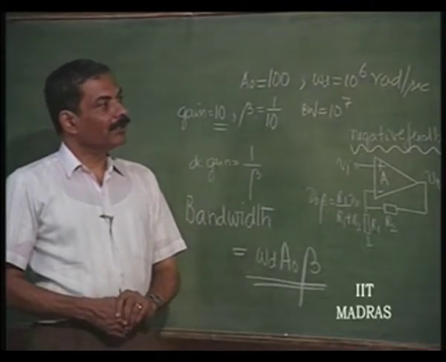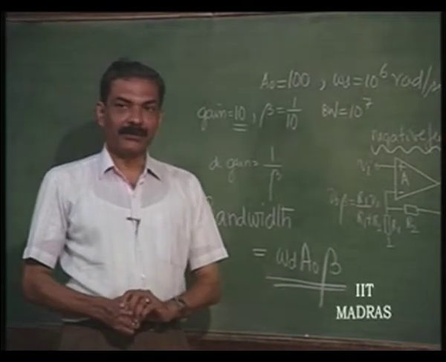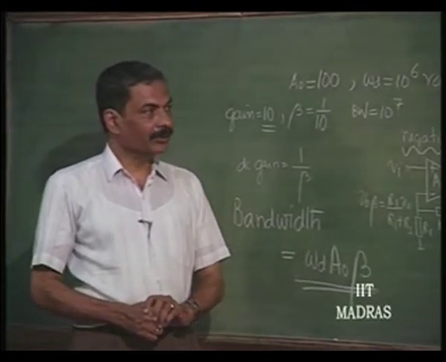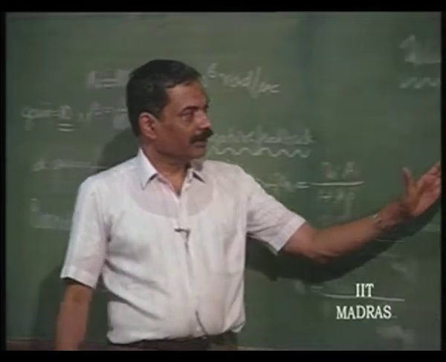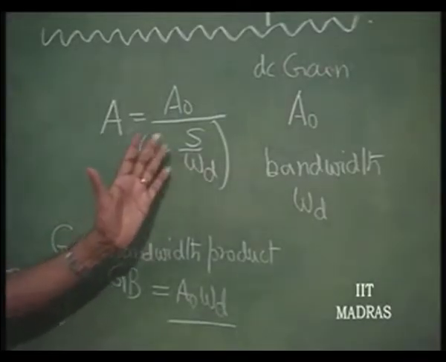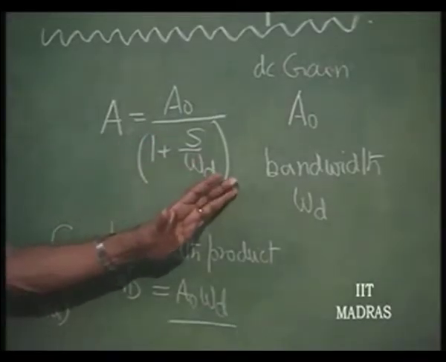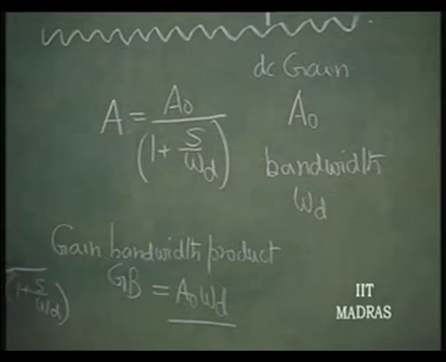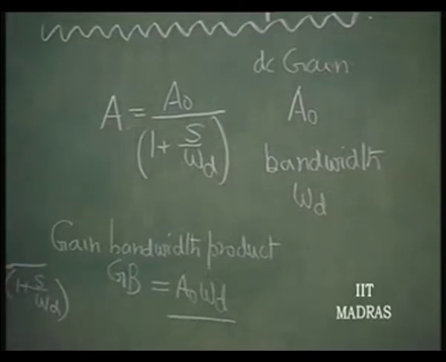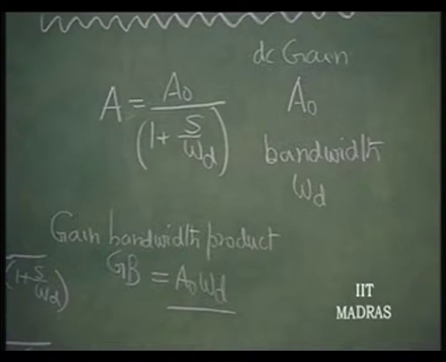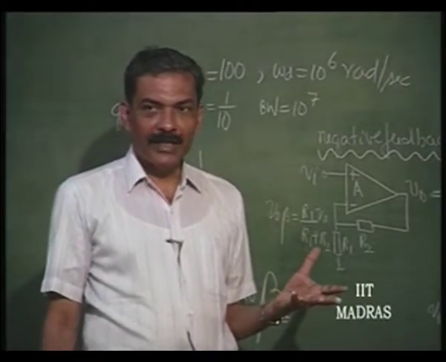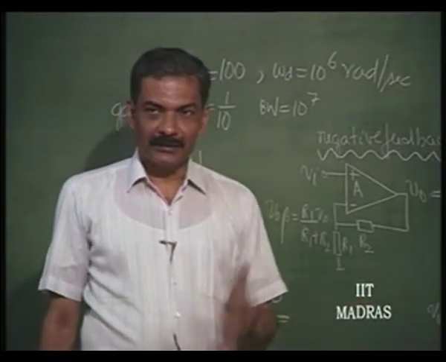But we have a problem with negative feedback. As I told you, if instead of a single pole it becomes a 2 pole system, then we will have an amplifier with negative feedback whose poles can become a complex conjugate pair and it can start peaking. So, it starts behaving in an odd fashion at higher frequencies.